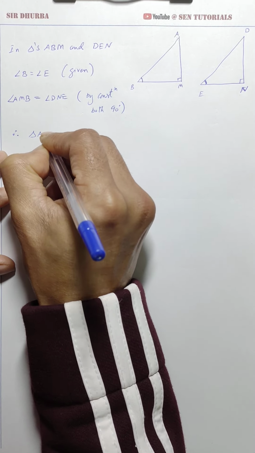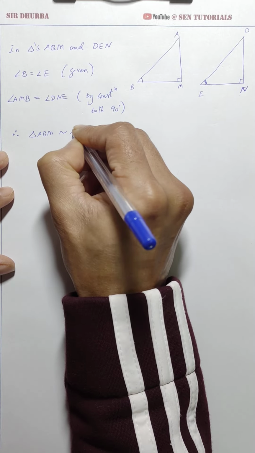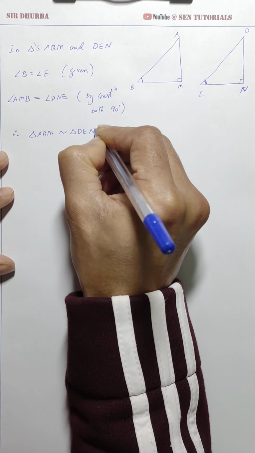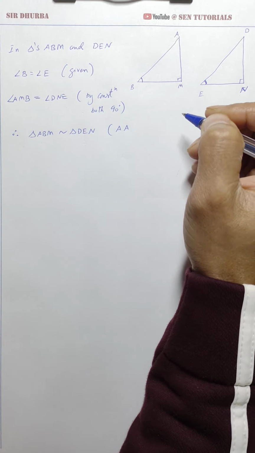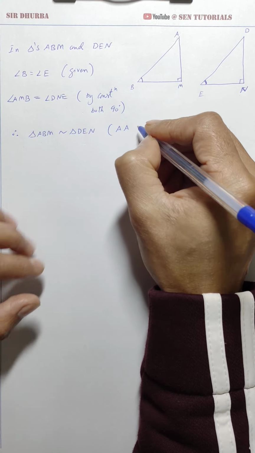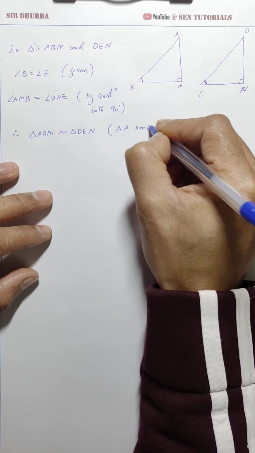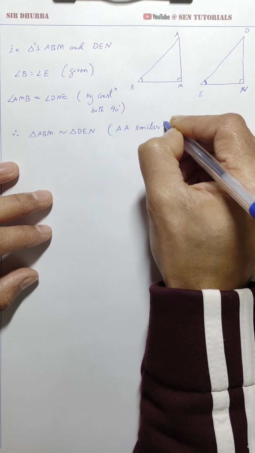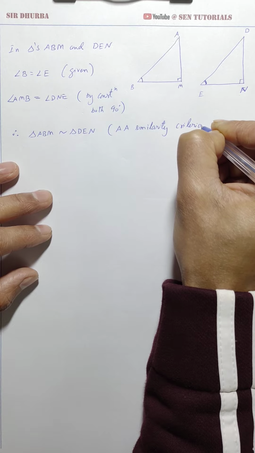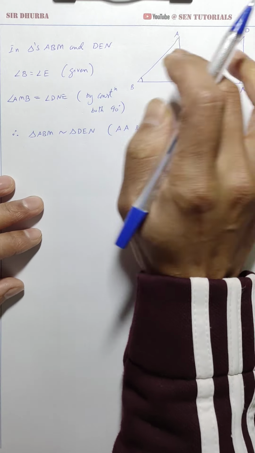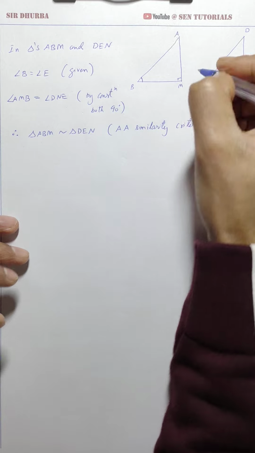So therefore triangle ABM is similar to triangle DEN, isn't it? Because to prove that two triangles are similar, if we can prove that two corresponding angles are equal, that is enough, by the angle similarity criterion. So now if these two triangles are similar, what will happen?